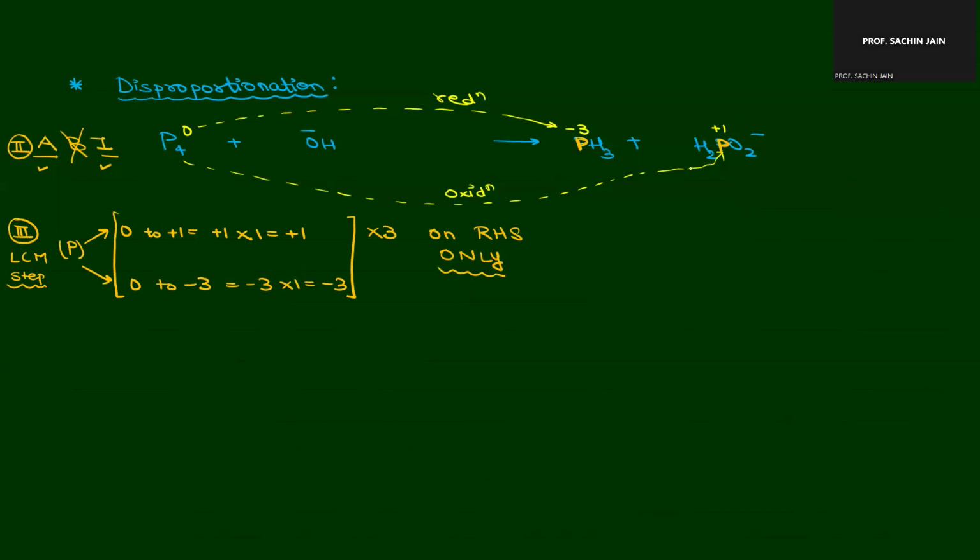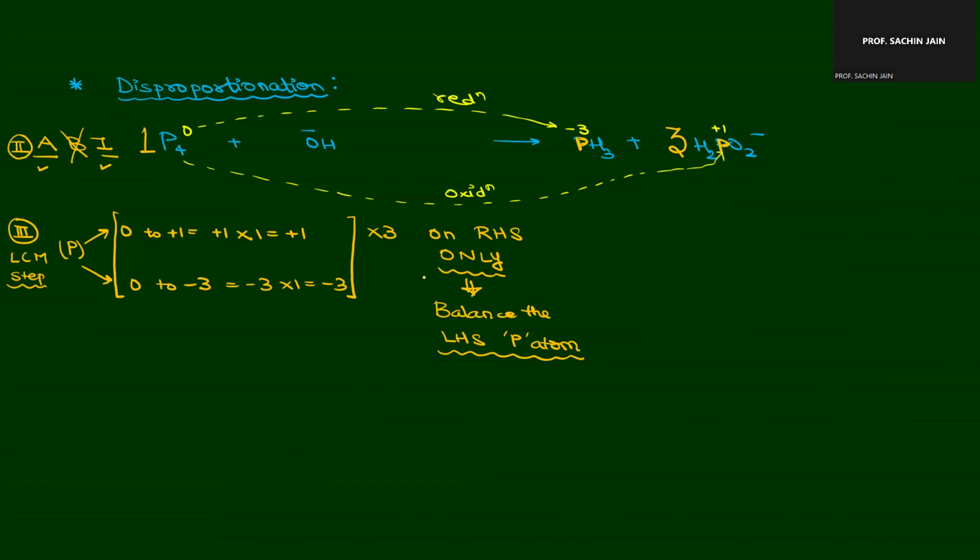Meaning the 1 wala species which is H2PO2 minus will be multiplied by 3 on the RHS. And now count the phosphorus atoms on the right and balance the left hand side phosphorus, LHS P atom. Okay, so here the total phosphorus atom is P and 3P, which is 4, and 4 phosphorus is now already balanced. So this will be only 1 mole.